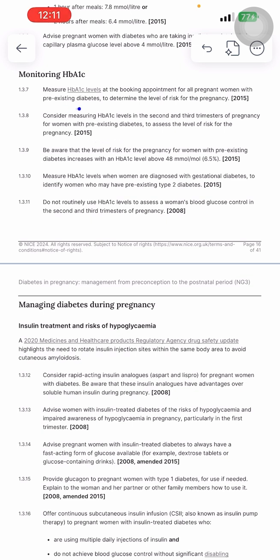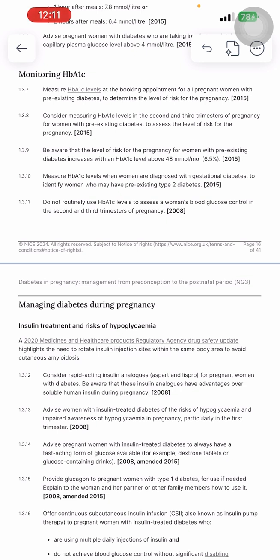So for those having pre-existing diabetes mellitus, at the booking appointment you have to do her HbA1c level to check whether her levels are controlled or not. If the patient is already pregnant and when you advise her HbA1c level and it is very high, say 8.8, then you have to counsel her that she is already pregnant and her glucose levels are high, so there may be a chance that the baby may develop congenital abnormalities.